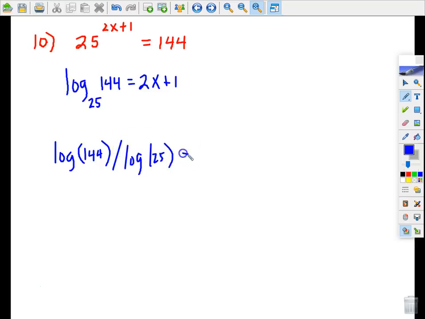All right, and hit your equals or enter key, and this says 1.54 and then it says 395, 1.5440.